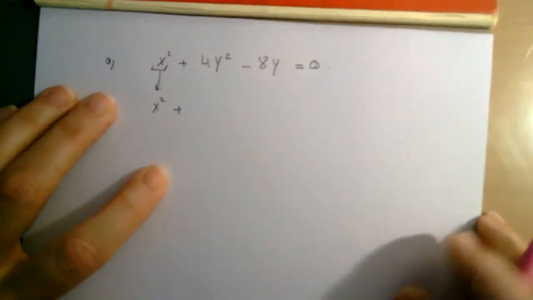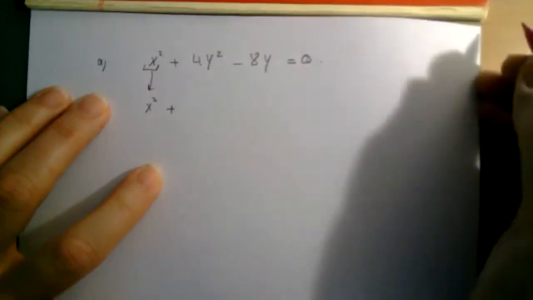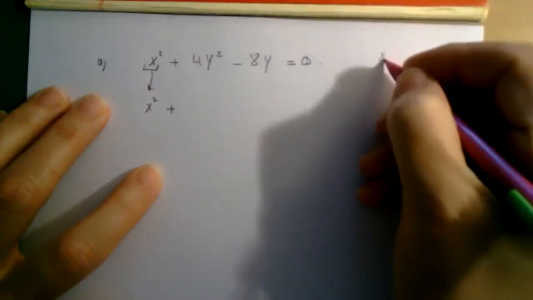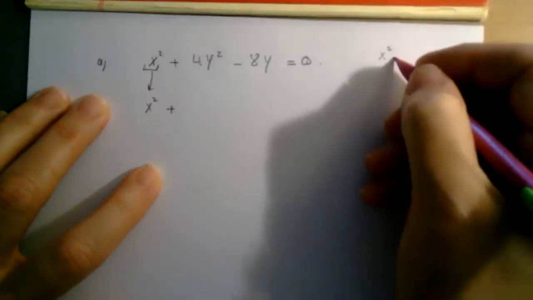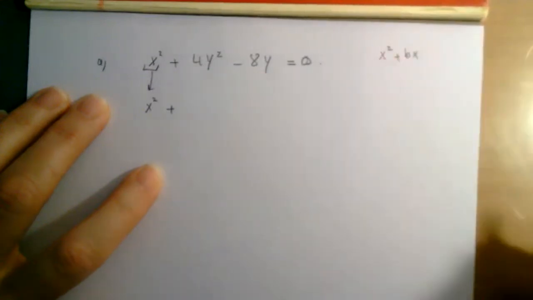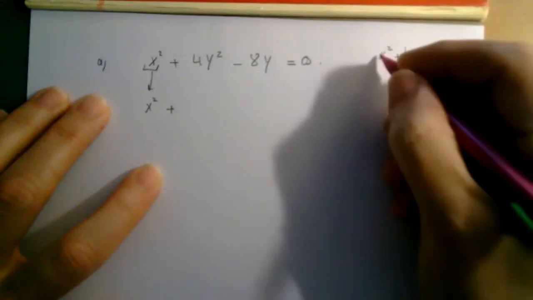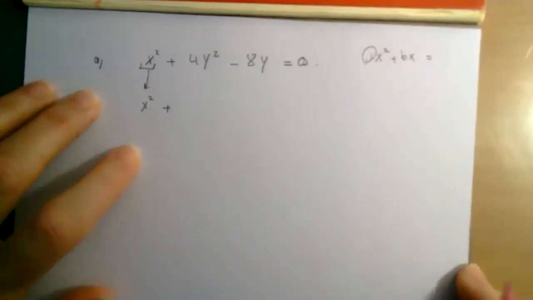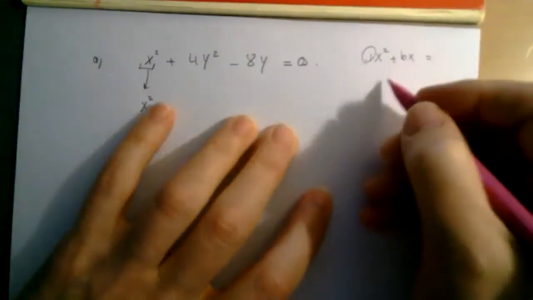Now, let us remember, how do we complete the square in general? If you have something like x squared plus bx, the coefficient of x squared is 1, and this algorithm works if this is 1. Remember, how do we complete the square?